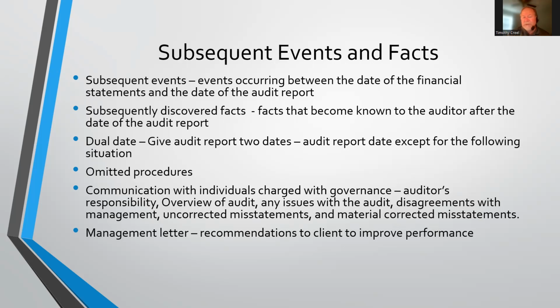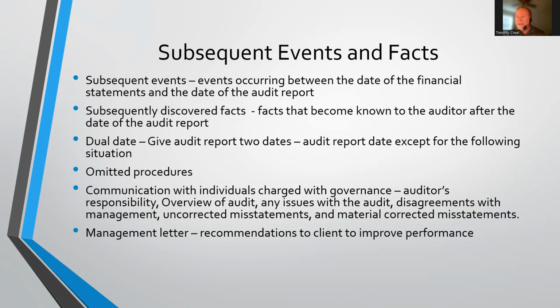Omitted procedures. You would look at any procedures that you might have omitted when you were doing the audit. Part of this would be part of the quality inspection from the quality partner, the other partner we discussed a moment ago. But you would look at whether any procedures were omitted during the audit. A rule of thumb here is if you find that you did miss some procedures, but you go back and do those procedures and you find that it would not have changed your opinion, then you're fine.